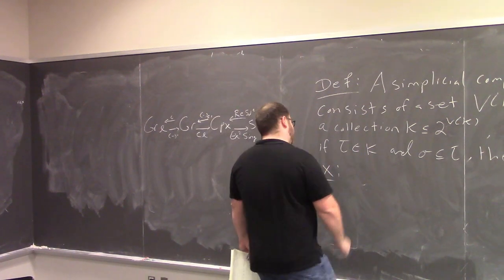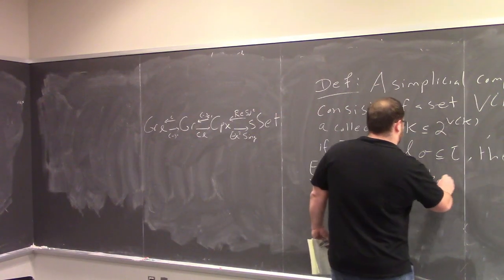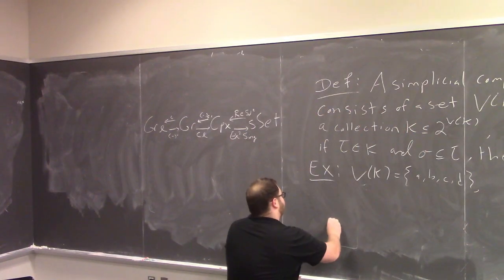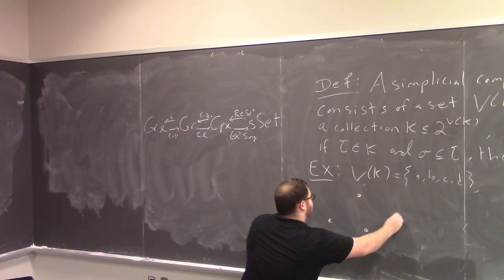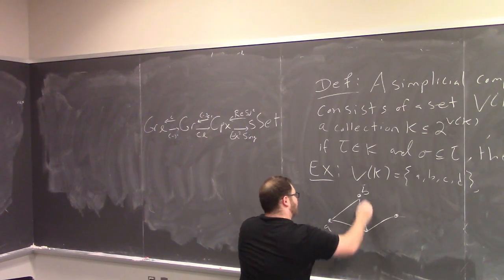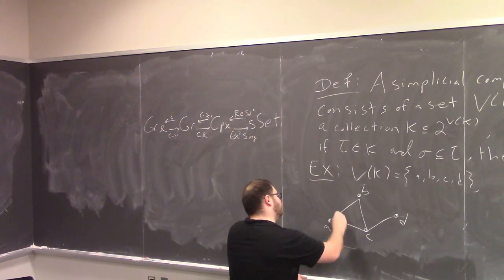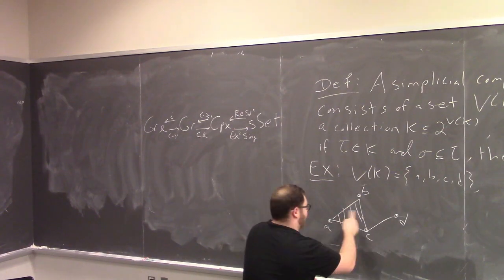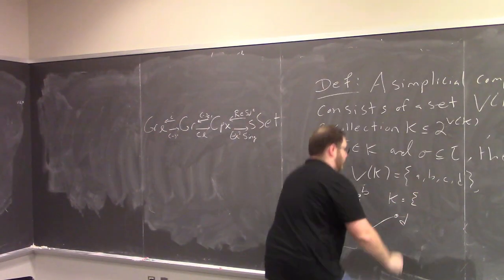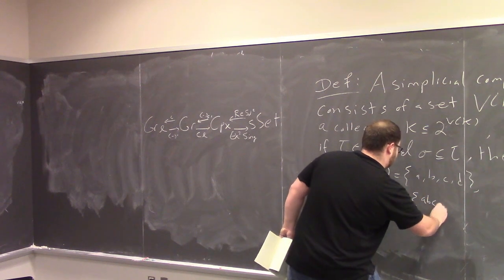So for example, V of K is A, B, C, and D. Then what are the simplices? If I color this in, then K consists of, I'm not going to do brackets here, ABC.